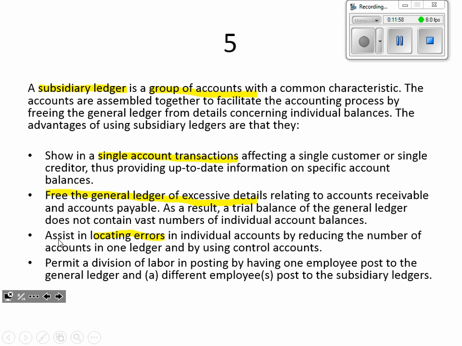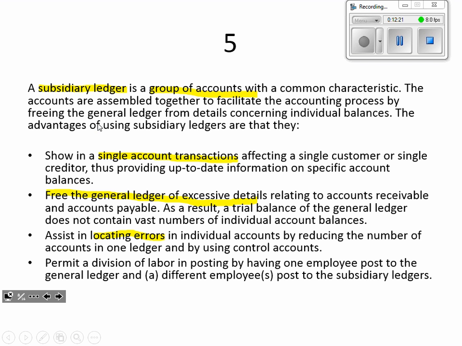Perfect. It shows a breakdown of each customer or each vendor who owes money in any format. Helps in locating errors, and it gives a division of labor opportunity. So you work on all the ARs, you work on all the APs. The bigger the business, the bigger those departments end up being.